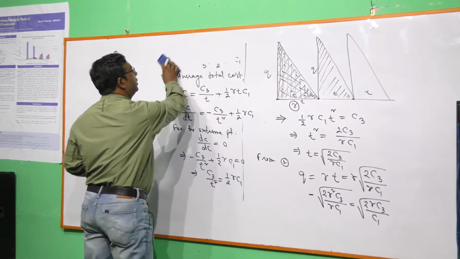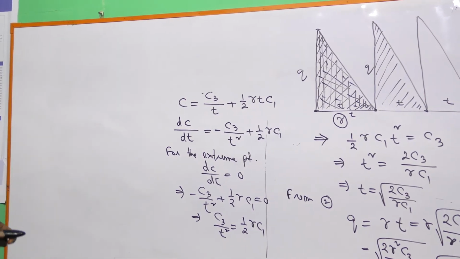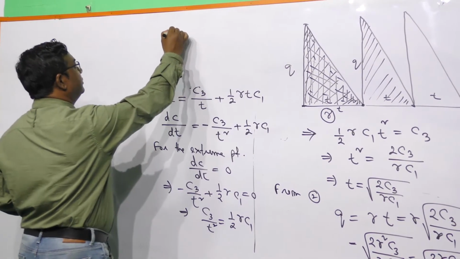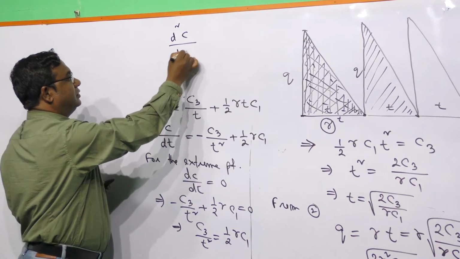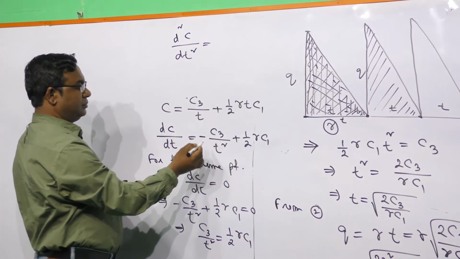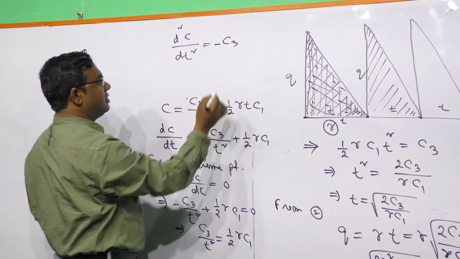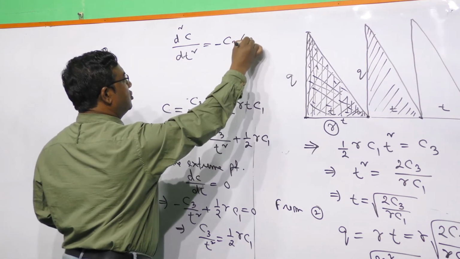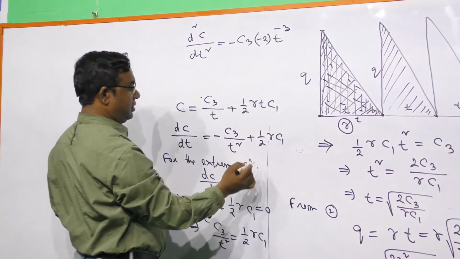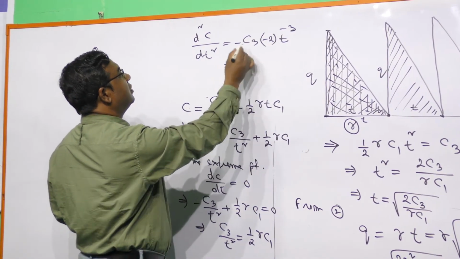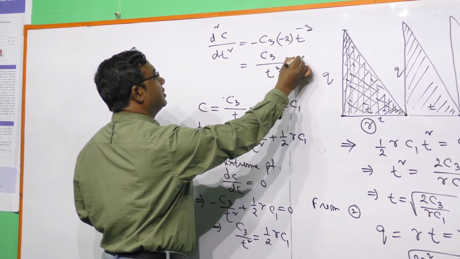Next we have to find the second derivative, d square C by dT square. So minus C3, then the derivative of this, minus 2 T to the power minus 2 minus 1, gives minus minus, plus 2 C3 by T cube, so this is greater than 0.